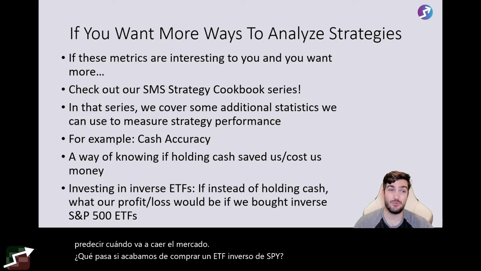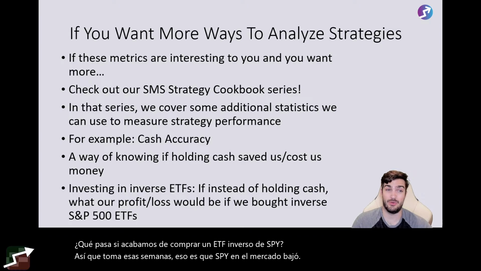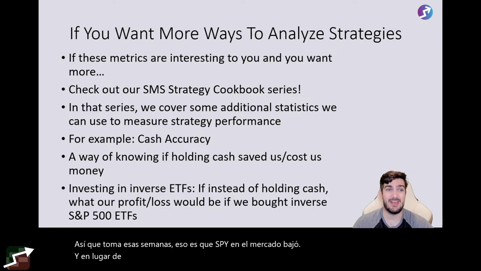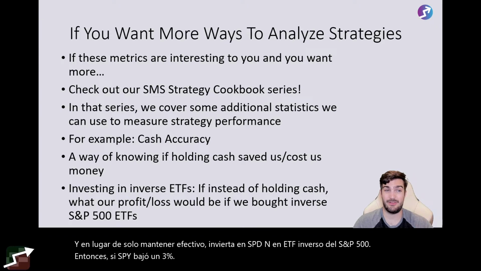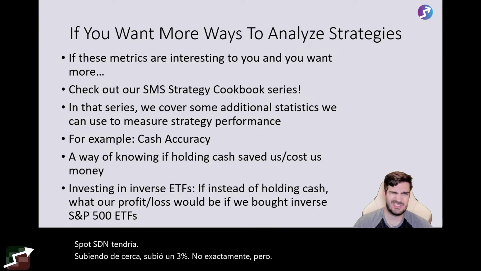So take those weeks that SPY in the market went down, and instead of just holding cash, invest in SPDN, an inverse ETF of the S&P 500. So if SPY went down by 3%, SPDN would have closely gone up by 3%. Not exactly, but similar.